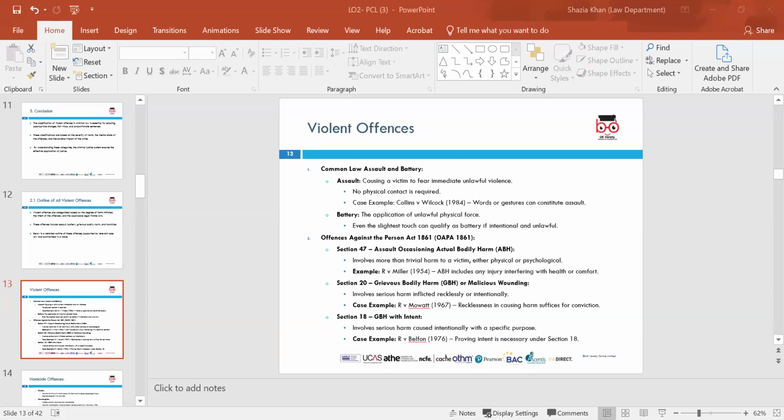And then we've got the other one, which is the Offences Against the Person Act 1861, which looks at section 47, which is assault occasioning ABH, section 20, which is GBH, and section 18, which is GBH with intent.